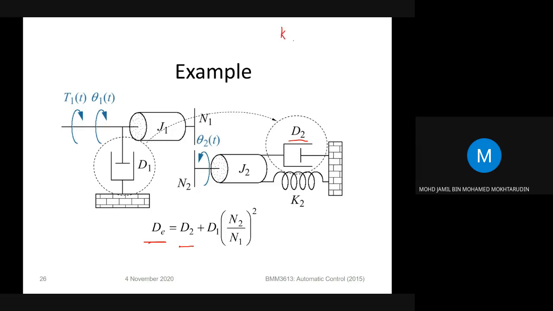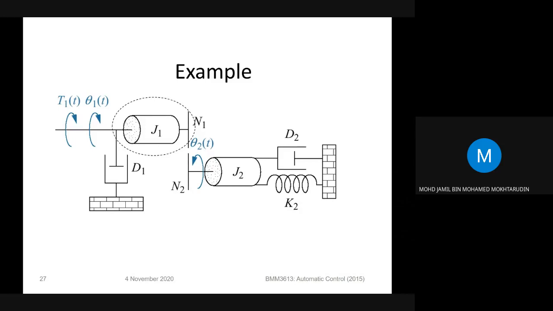So the formula just now, K destination equals K source times N destination over N source squared, where K can be J, D, and K, so we use the symbol K. To transfer D1 to the destination, you multiply with N2 over N1 squared. So D2 plus D1 times N2 over N1 squared. N2 because it is the destination.